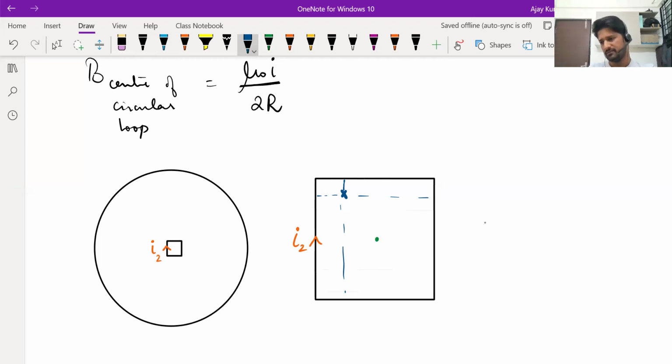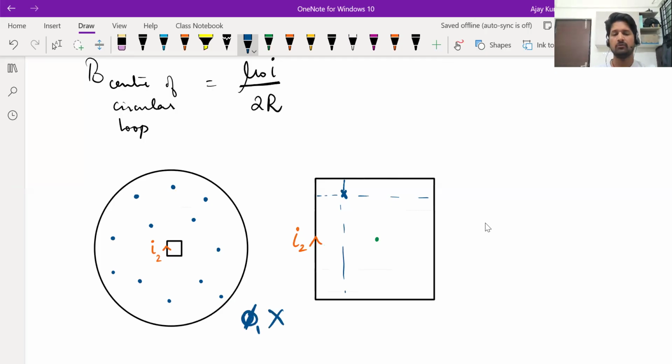In fact, for the level of mathematics that we have, it's impossible to express the magnetic field at these points of the circular loop. So we won't be able to calculate flux in the circular loop.